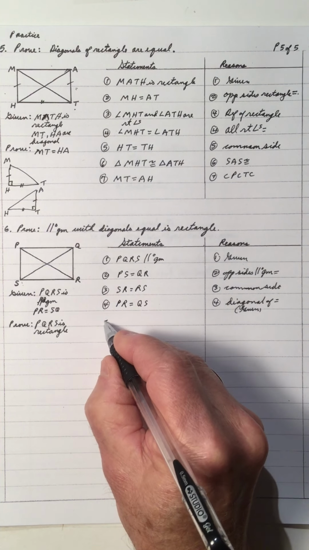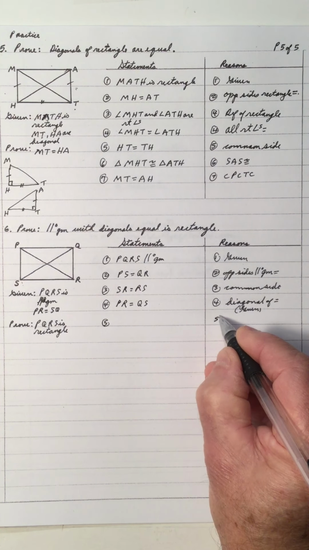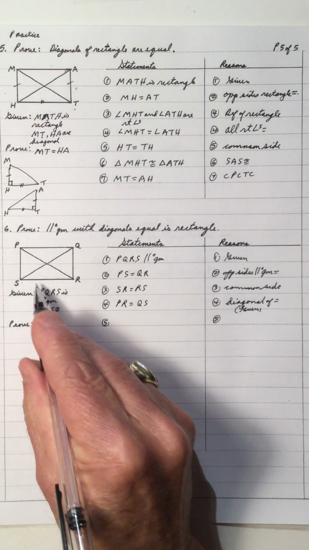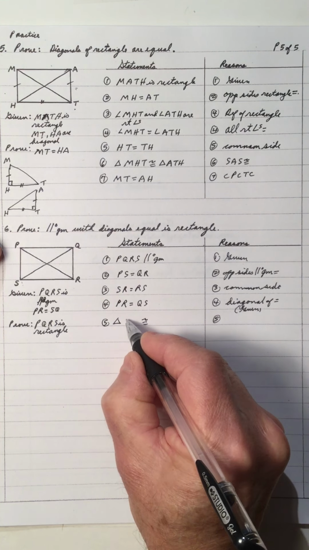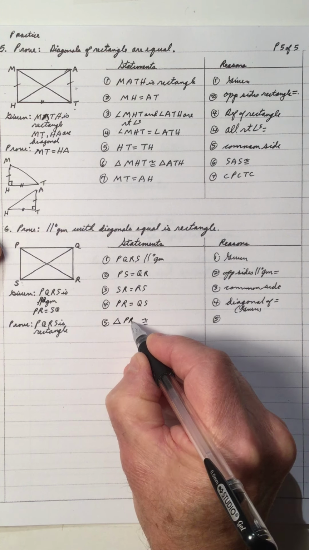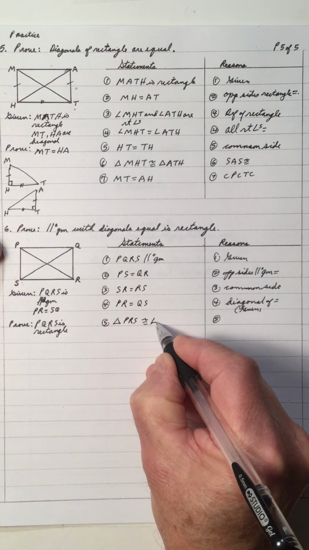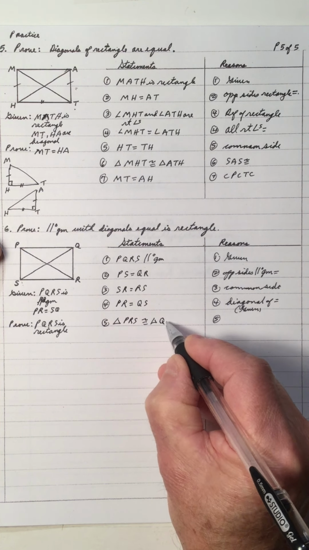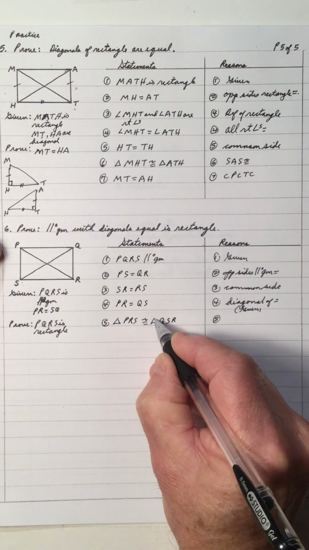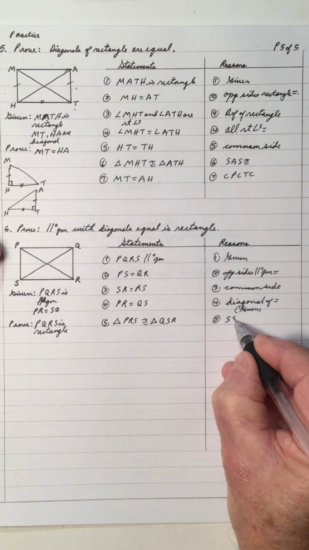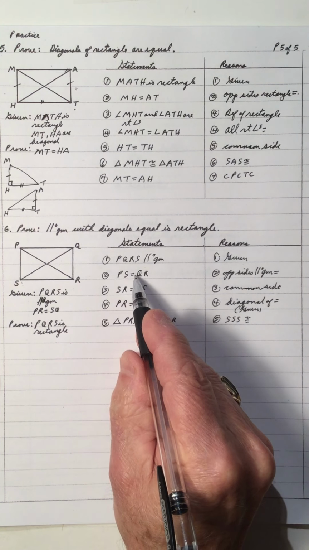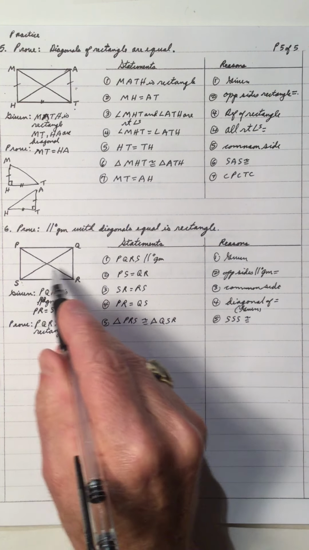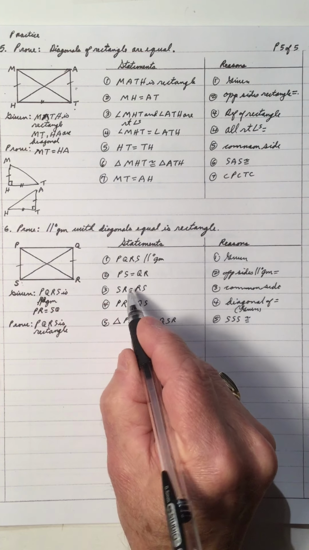So the triangles are congruent. What triangles? Here we go. Triangle PRS is congruent to triangle QSR by SSS congruency. We got the three sides. There they are. PS equals QR.